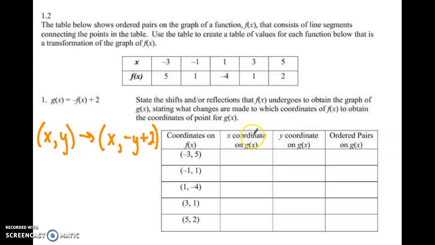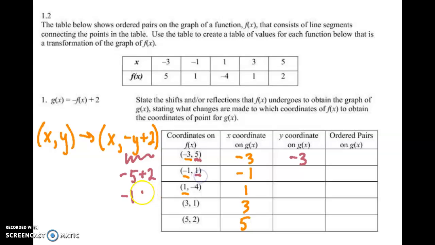So the x-coordinate for g of x, so this is f of x, this is g of x, does not change, so this -3 stays -3. The -1 stays -1. 1, 3, 3, and 5. But then you have to use this formula right here with your y-coordinate. So pretty much what it boils down to is negative of 5 and add 2 to it. So you get negative 3 for your y-coordinate.